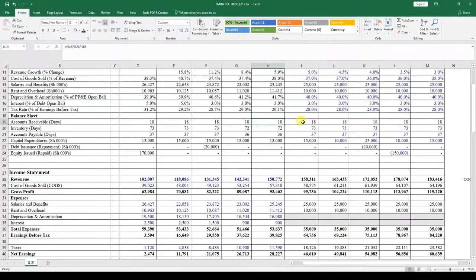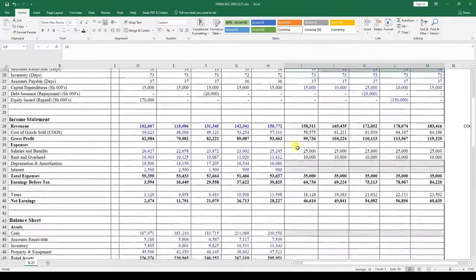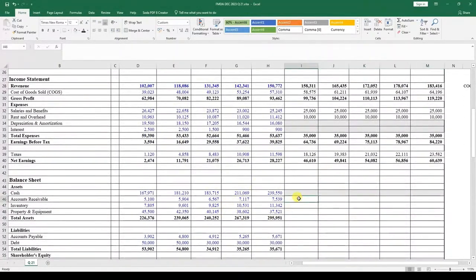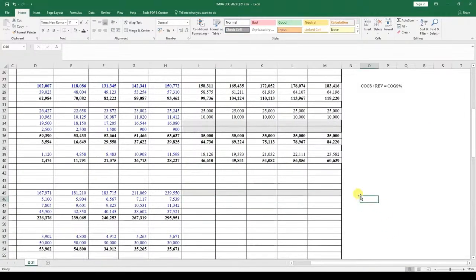Now that we've assumed that the days are going to be 18 for the forecast period, and you can see this is the forecast period here, 2017, how do we model the accounts receivable here? We'll pick the revenue, because we already have the accounts receivable days.